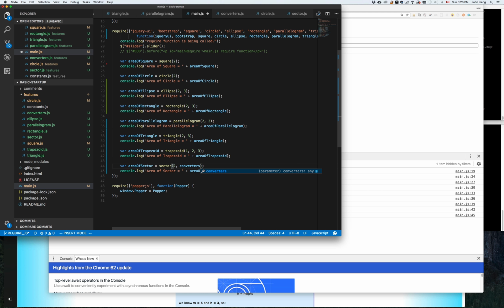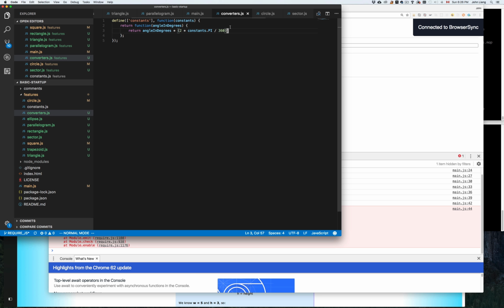Okay, say for example, if we would like to change it such that we should be saying converters dot degree to radian. Okay, so let's copy this, save it, go back to the converters. So we are returning a function right here, but instead of that, we return a JSON.